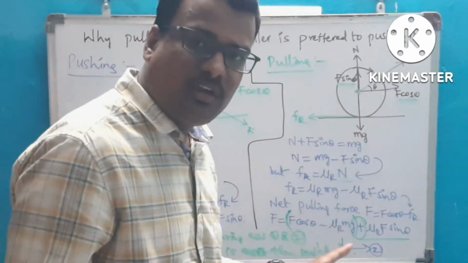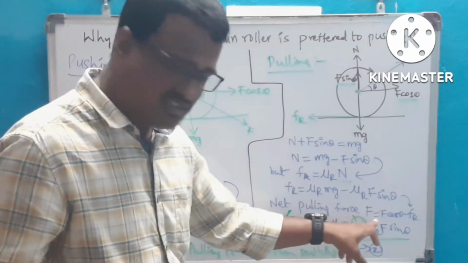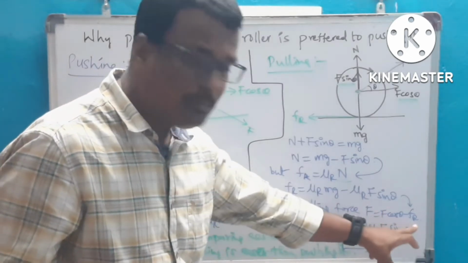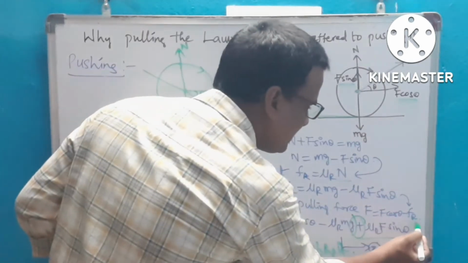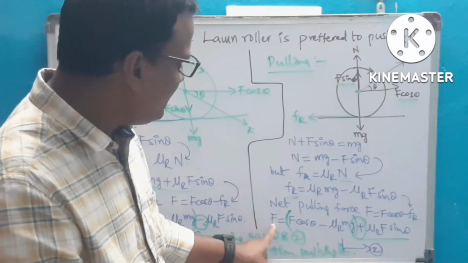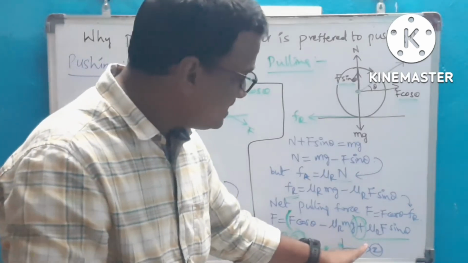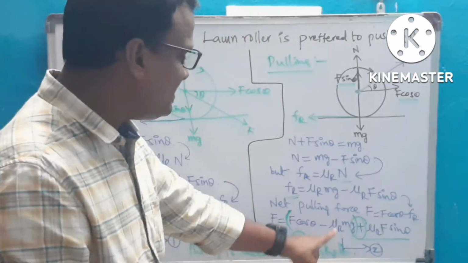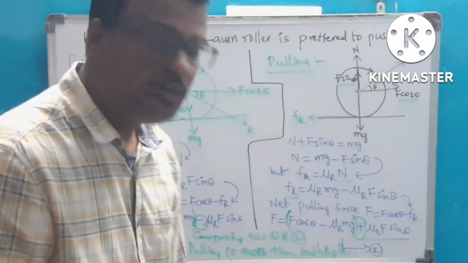So the net pulling force F equals F cos theta minus Fr. In place of Fr we can substitute this equation. Then finally we get F equals F cos theta minus mu r mg plus mu r F sin theta. This equation can be taken as equation number 2.